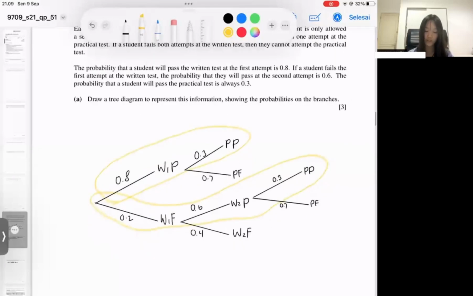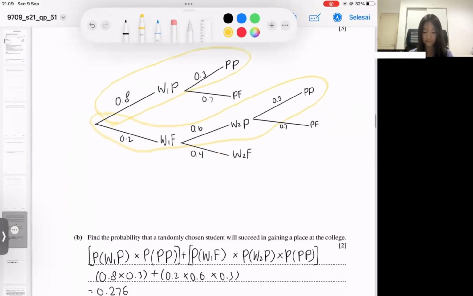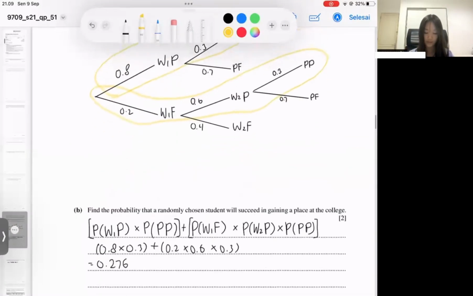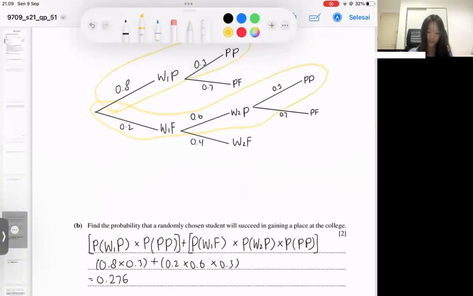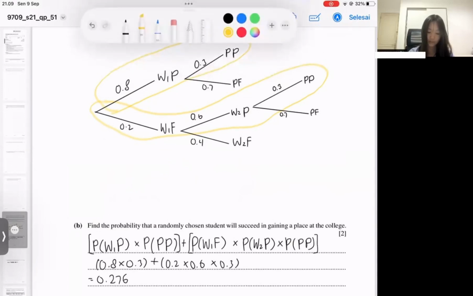So the first branch is they pass the first written test and then they pass the practical test. The second one is they fail the first, then they pass the second written test, and then they pass again for the practical test. So the first branching is the probability of the first written test times the probability of passing the practical test, 0.8 times 0.3.